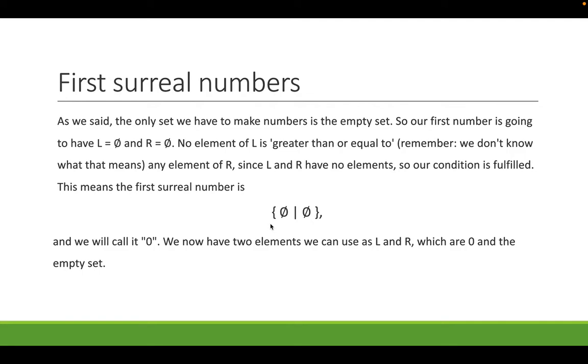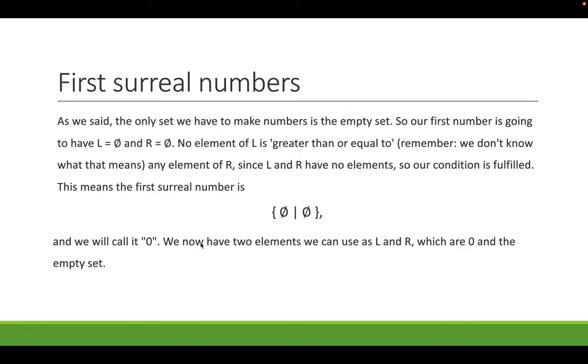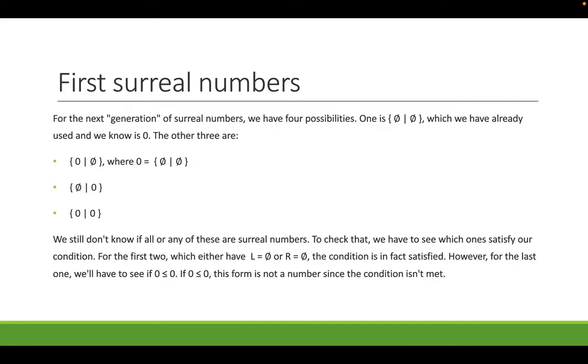So now we have two elements we can use as L and R, which are 0 and the empty set. But this we can call our first generation, our first day. Usually people talk about birthdays. The first birthday of this one would be 0, and the next ones would have birthday 1, and so on.